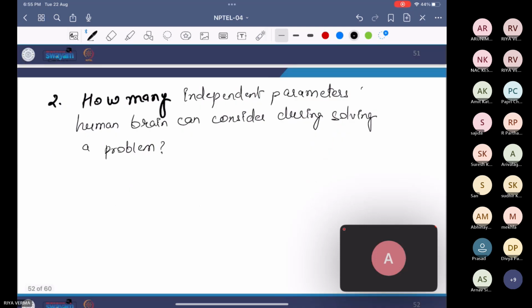This topic we have discussed when I was telling about endpoints and midpoints, like for the impact parameters. The options are 3, 5, 7, 10. 7. Correct.